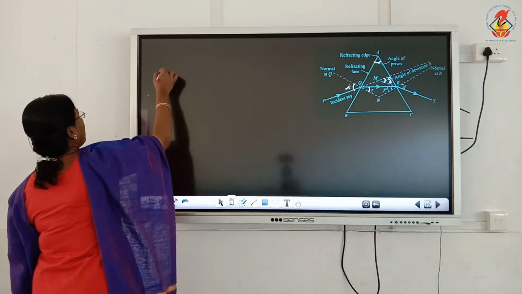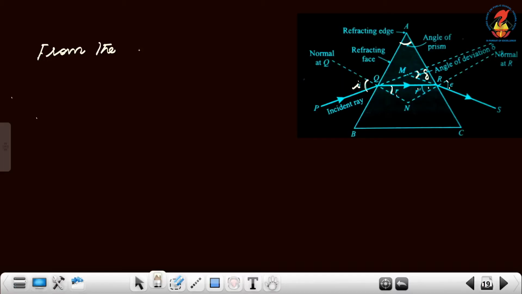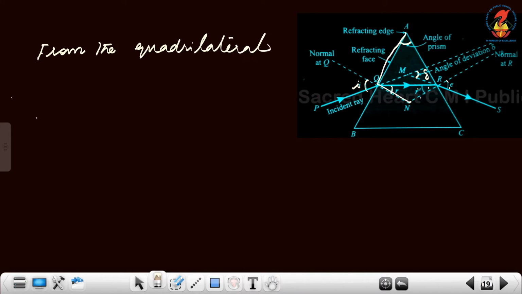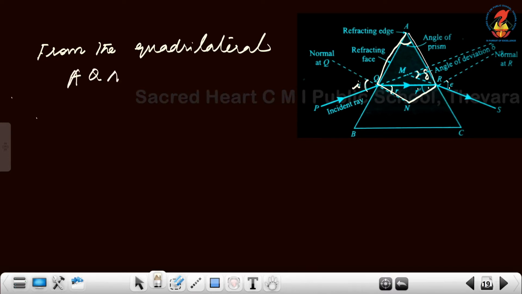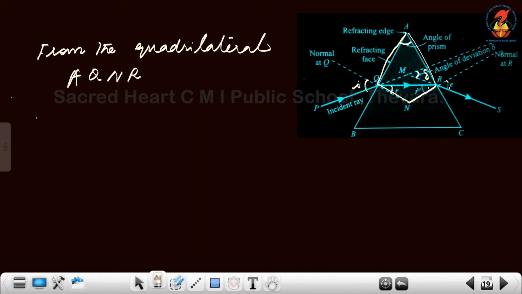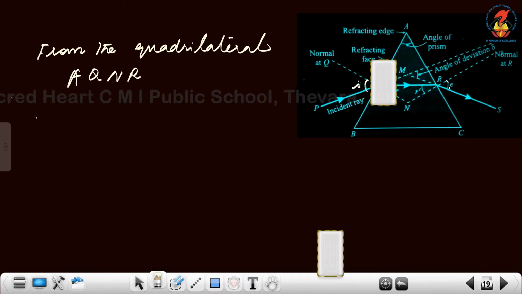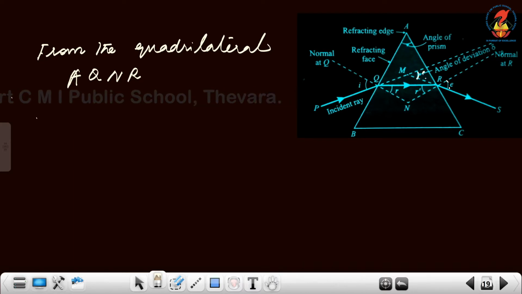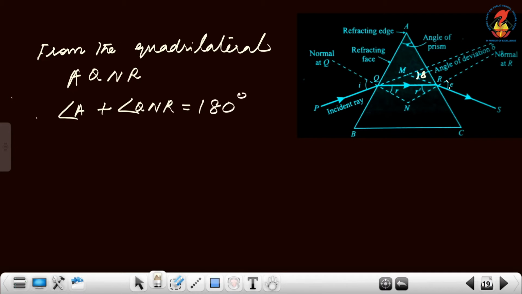Now from the quadrilateral A, Q, N, R, you can write angle A plus angle QNR is equal to 180 degrees.